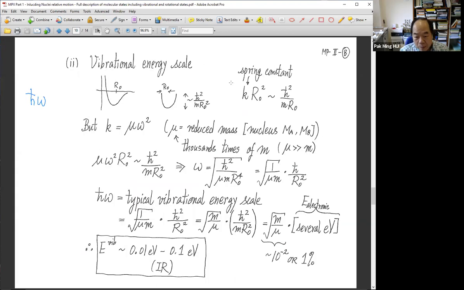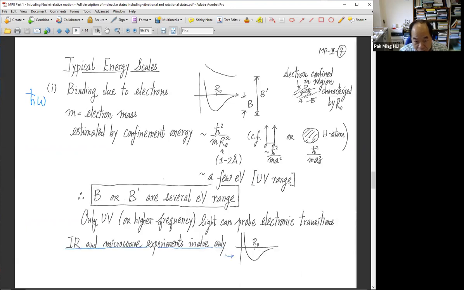Thereby, we can use this equation, plug in the K, plug in this, and then we can solve for omega. All right, now you solve for omega, you get an expression like that. Then you see a combination called 1 over mu m, multiply into something that we know.